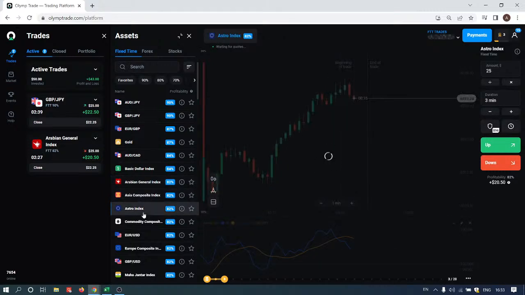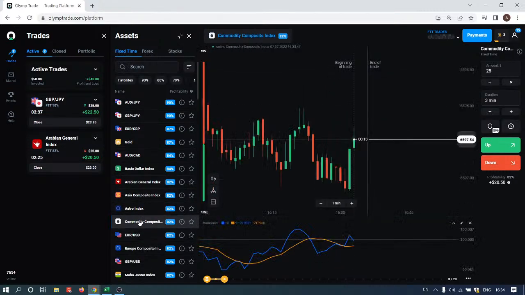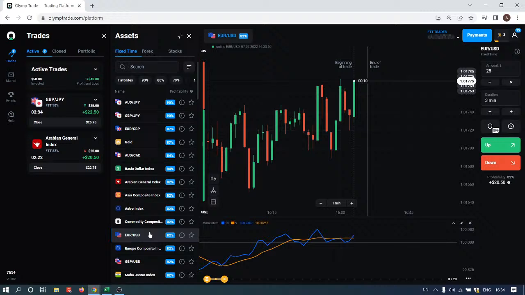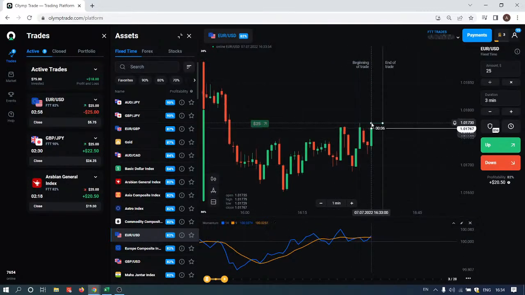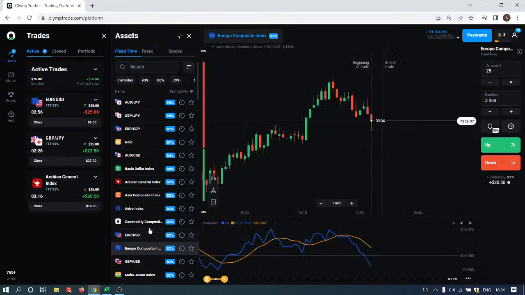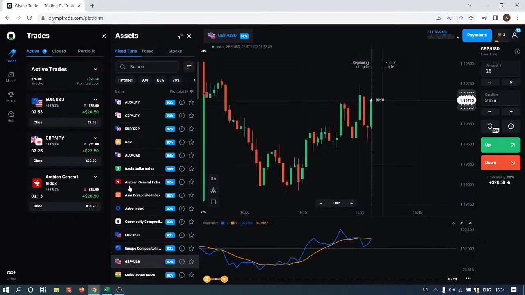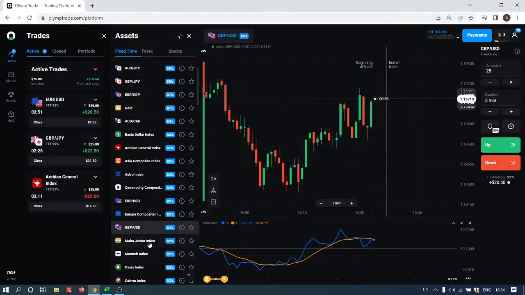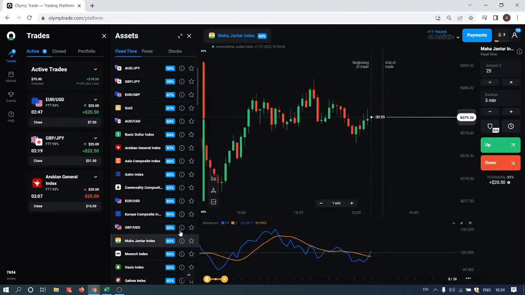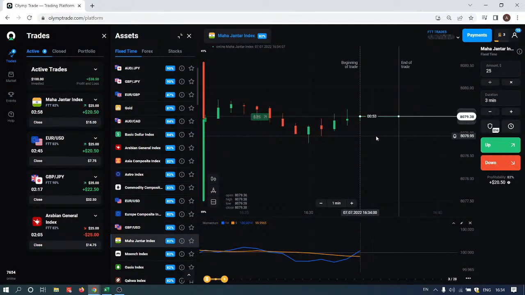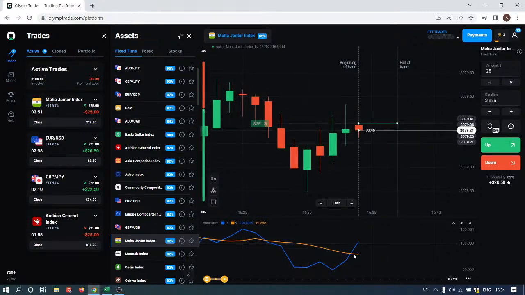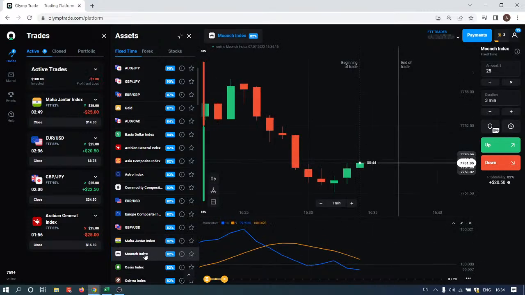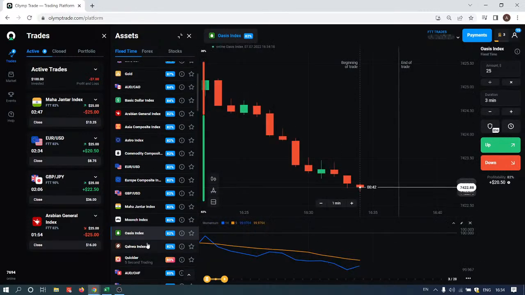But since I work for Olymp Trade, these assets are open, and I can trade them. So Mahajantar, this index is in the upward direction. This signal tells us that we should open a trade up.